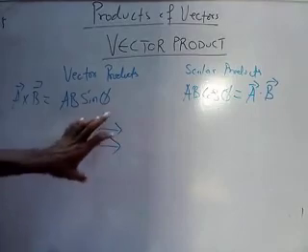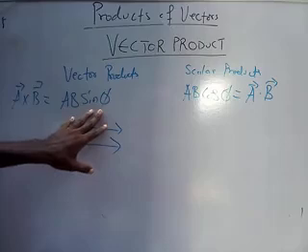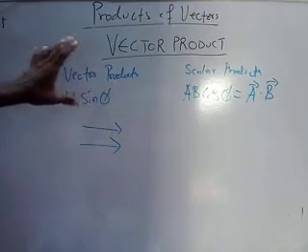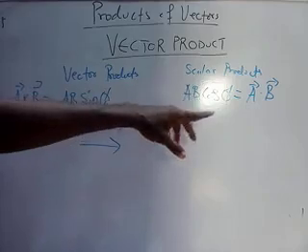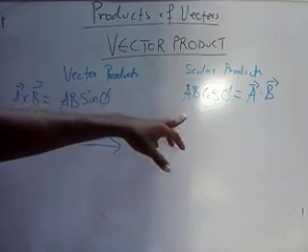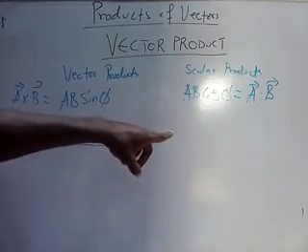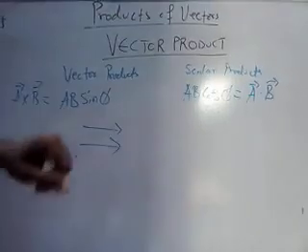So when the angle between them is 0, sine 0 is 0, and because sine 0 is 0, the vector product will give you 0. But cos 0 is 1. So when they are parallel, that is where the scalar product will be maximum.